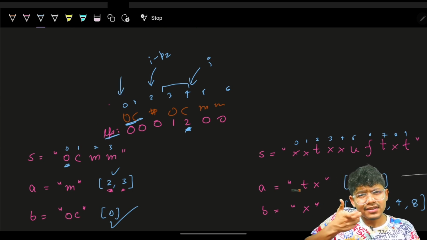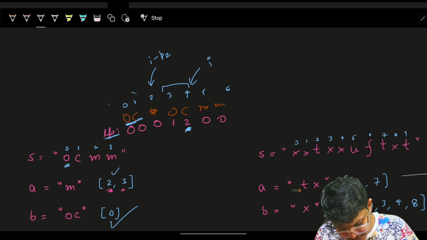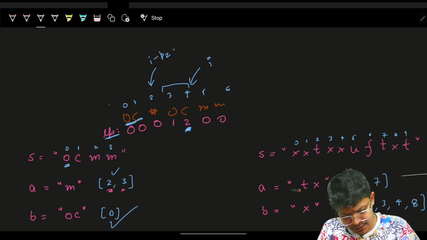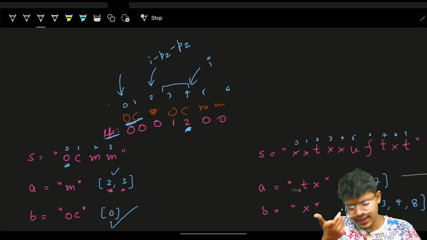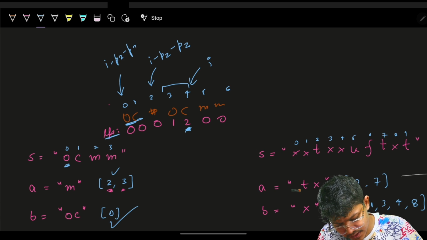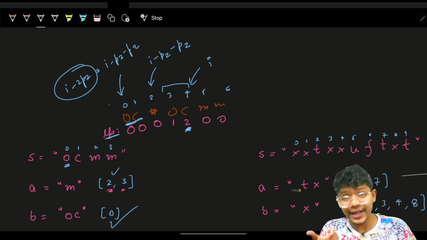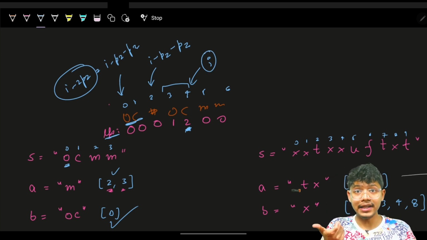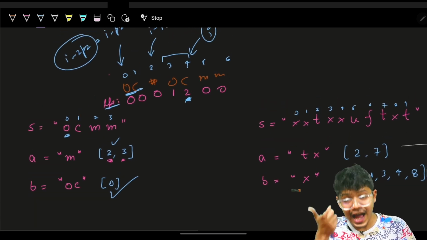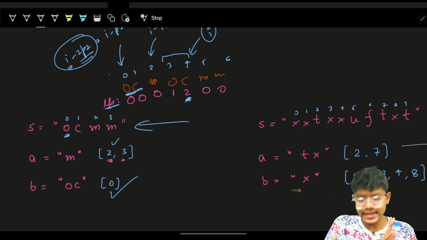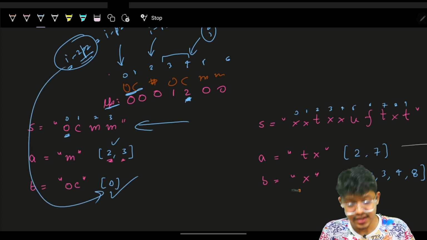But what is hampering me? This pattern itself, which I added of size 2. So if I subtract that too, I'll reach my index 0, which is i minus PZ minus PZ, so i minus 2PZ. If I am at index i and want the actual index in my original string, I can say i minus twice pattern.size will be my actual index. This will give me a 0.